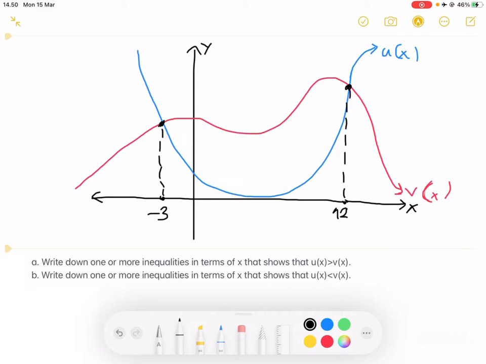In other words, the output of u of x is greater than the output of v of x, or u of x is above v of x, which are these regions right here, the left side of -3 and the right side of 12.